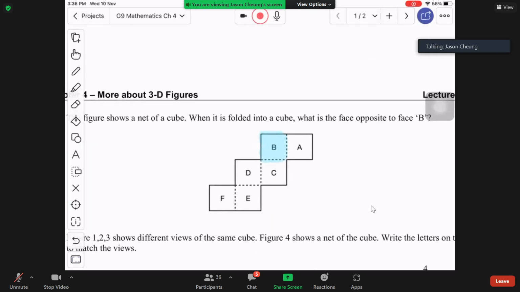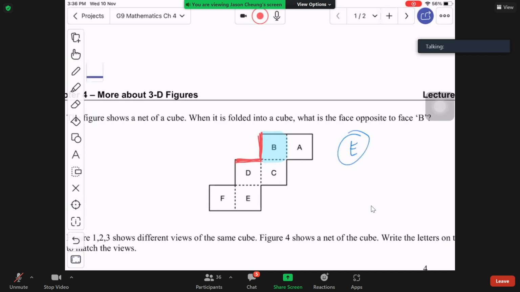When you try to fold it, so this side and this side will be connected. And then we can also think that when these two sides are connected, then this side connects too. And then this side is folded, it connects, and then this one joins. And then we can see that actually the opposite of B will be E. All right, so the face E here will be the answer.